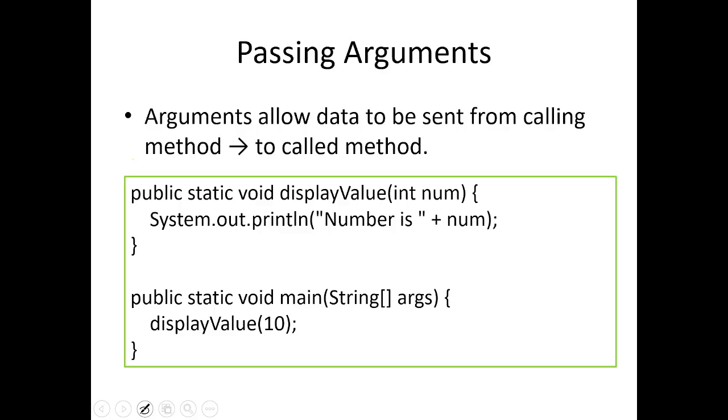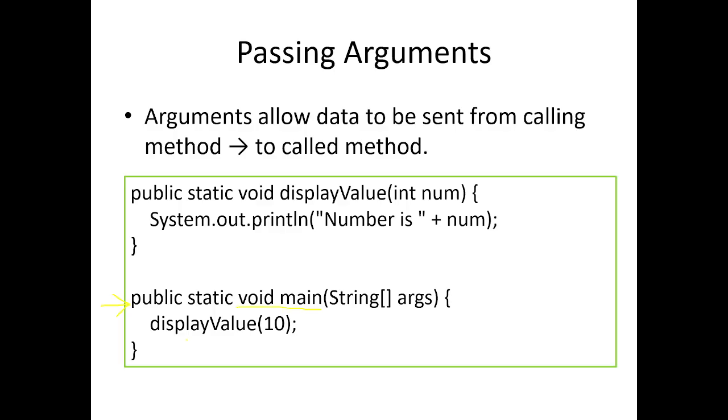The public class name is not listed here; just assume we want to focus on the main part of the program. We have this public static void main, so this is your main structure. There is a display value 10. The compiler reads this first because this is your main method.